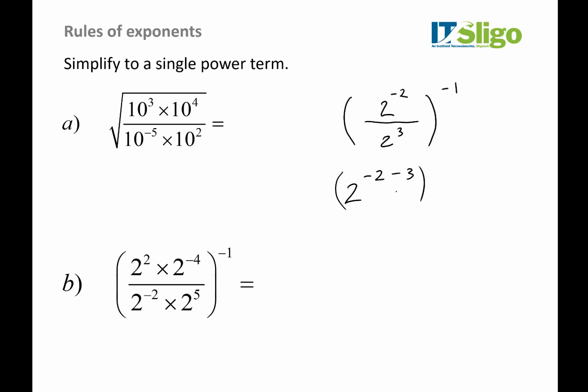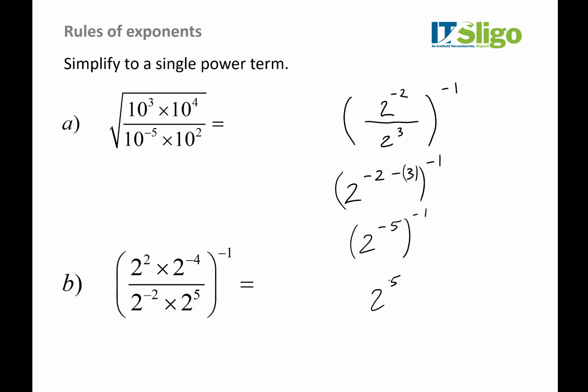Using rule 2, it's the top power minus the bottom power, and again, no harm to put brackets around the bottom power. It helps catch any potential errors. We've now got 2 to the power of minus 5 raised to the power of minus 1. So our answer there becomes 2 to the power of 5.